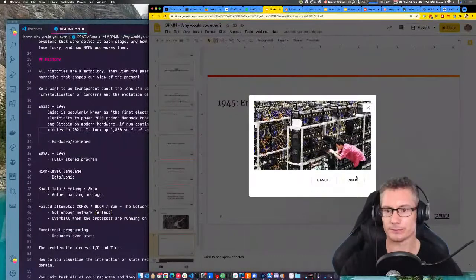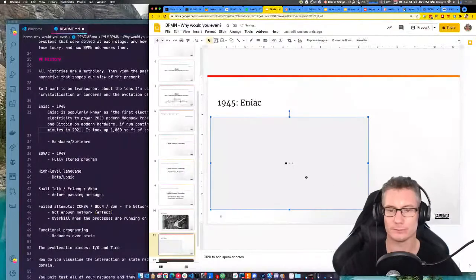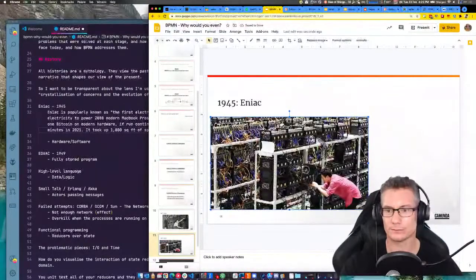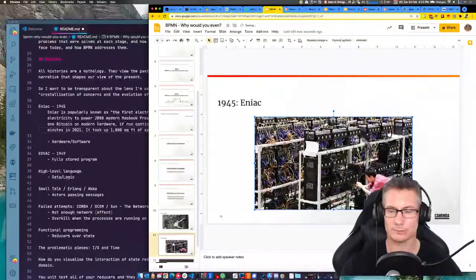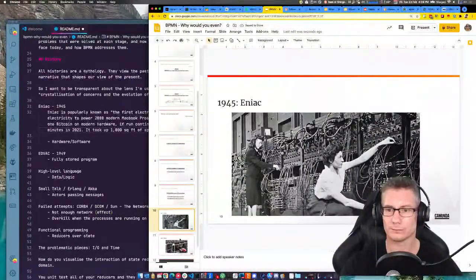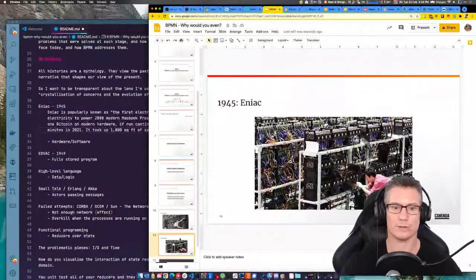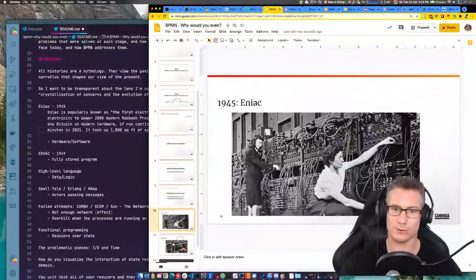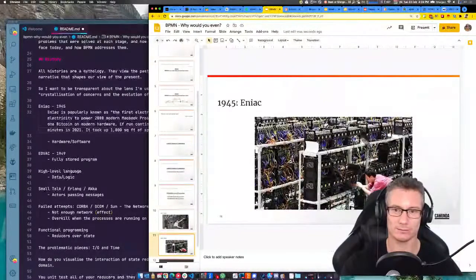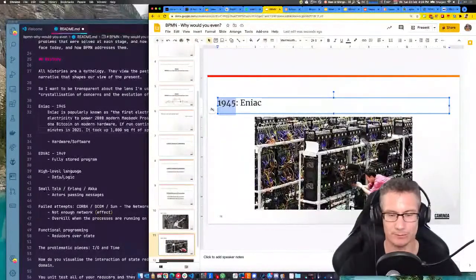Insert. Interesting, hey? 2021 Bitcoin mining. Looks very similar.